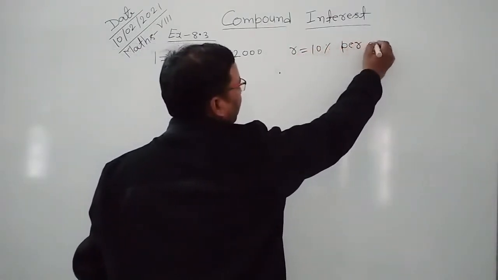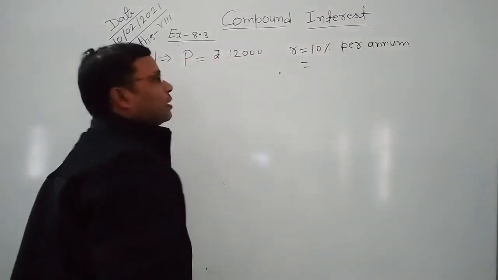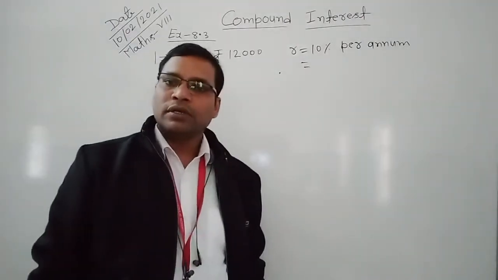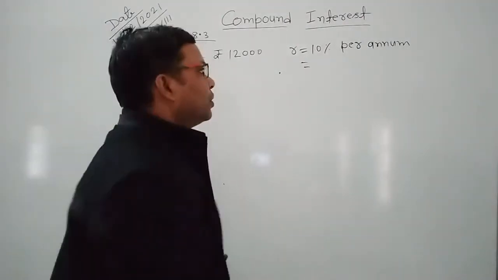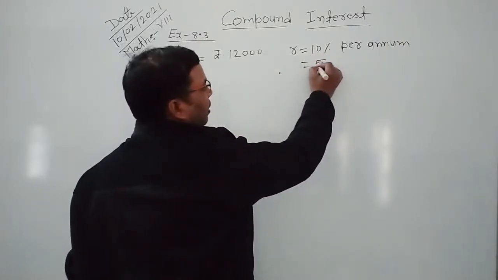This is per annum. But in this case, we need to find the amount compounded half yearly. So in the case of half yearly, the rate becomes half.